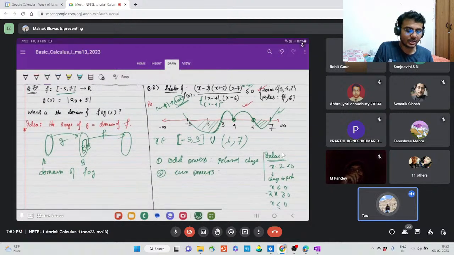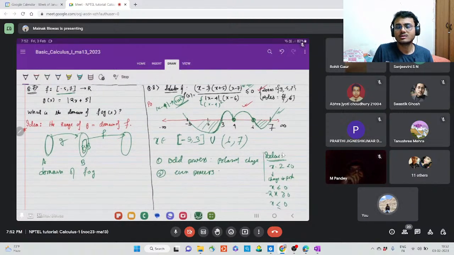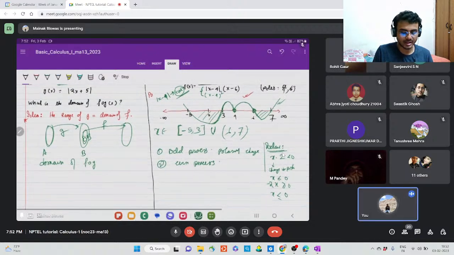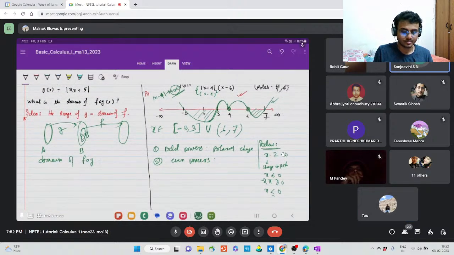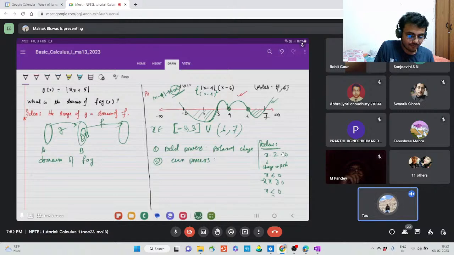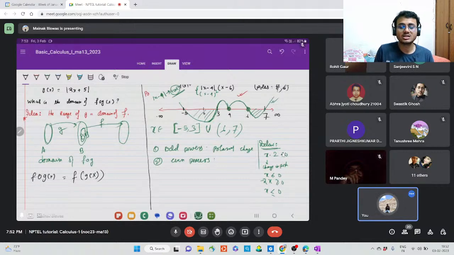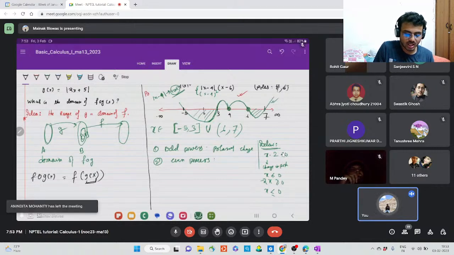Somebody wanted to comment. G of x. Correct, G of x. So f of G of x, in layman's terms, is this: you pass the input through G and then pass the entire thing to f. This is what f of G means.